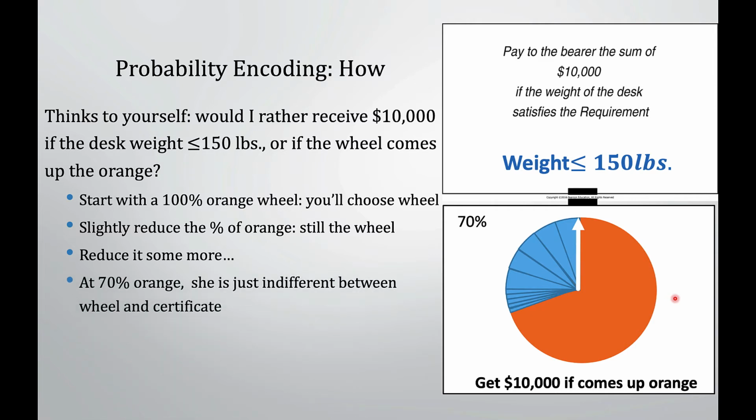But at 70%, this is the point that it is hardest for me to choose between these two. Actually, as a matter of fact, I am indifferent between these two deals.